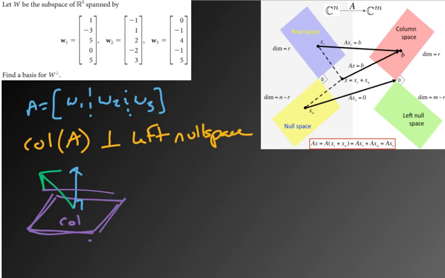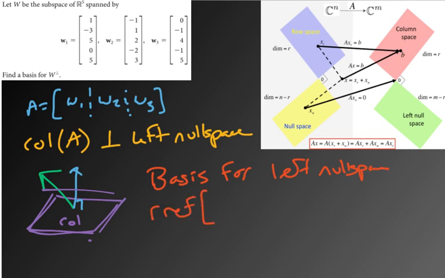I'm not going to go through it all because it's fairly straightforward, but you could just find a basis for the left null space, which is the same thing as doing RREF of A transpose augmented with 0.